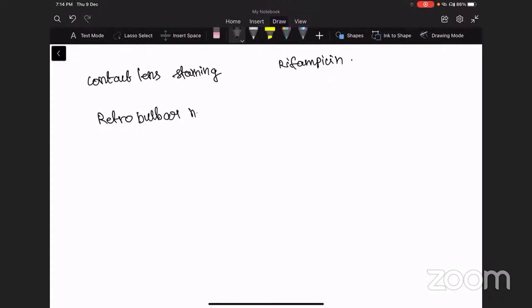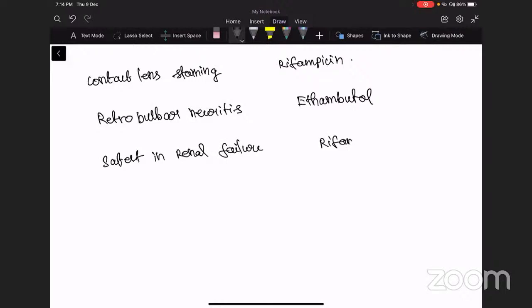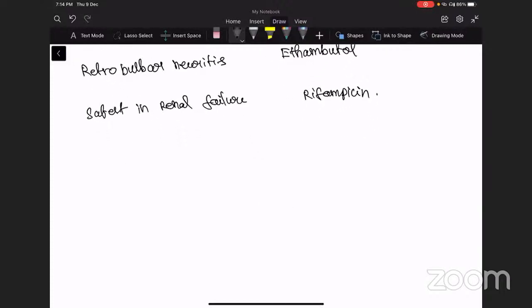Retrobulbar neuritis is caused by ethambutol. Safest in renal failure is again rifampicin. Least toxic drug is again rifampicin.